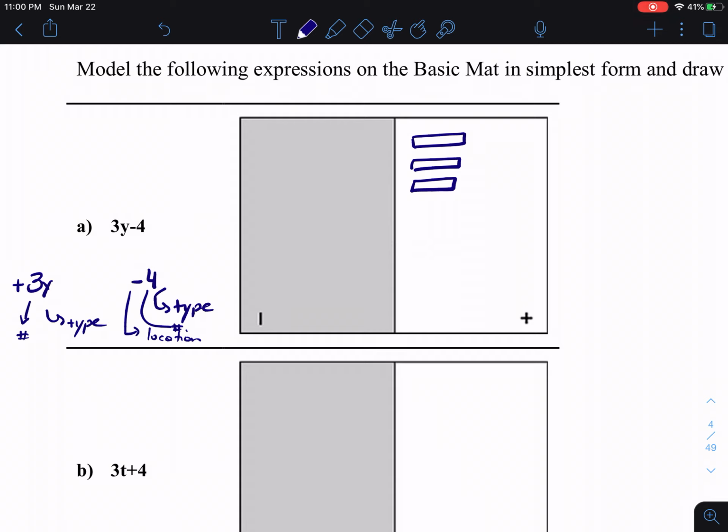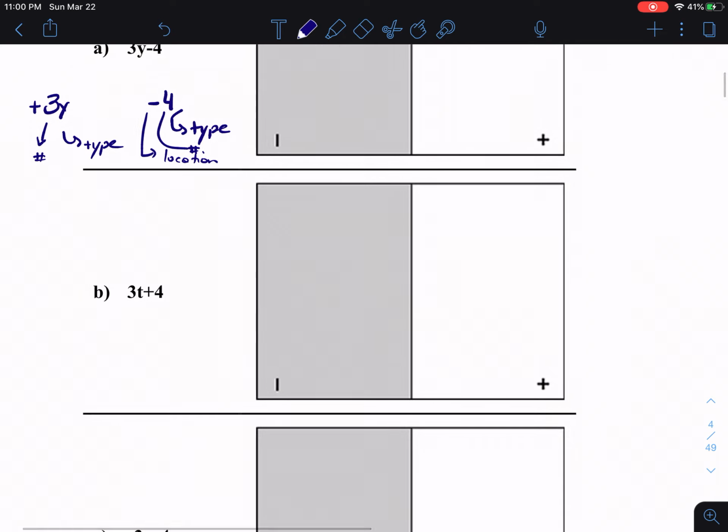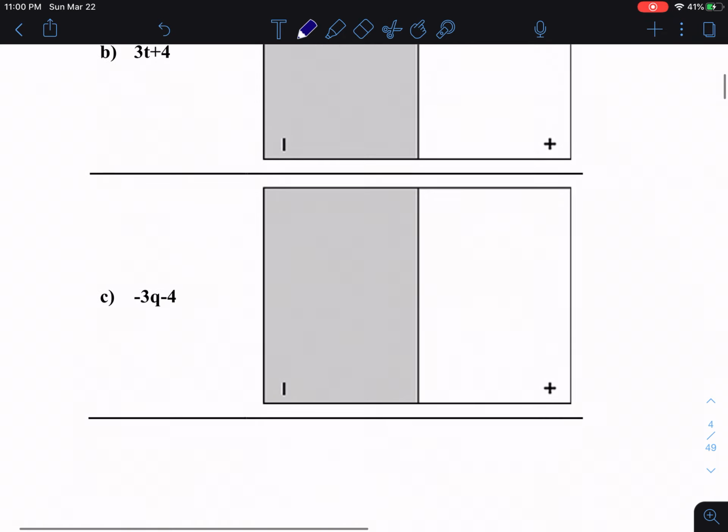When you're drawing it, you just need to make sure that you're drawing rods of about the same size, which makes me think that I should probably redraw that one. All right. And minus 4, well, the type is that we're counting units, so these are going to be our little green squares, and there are going to be 4 of them, and they'll be on the minus location. I'm going to leave the B to you. Let's try C.